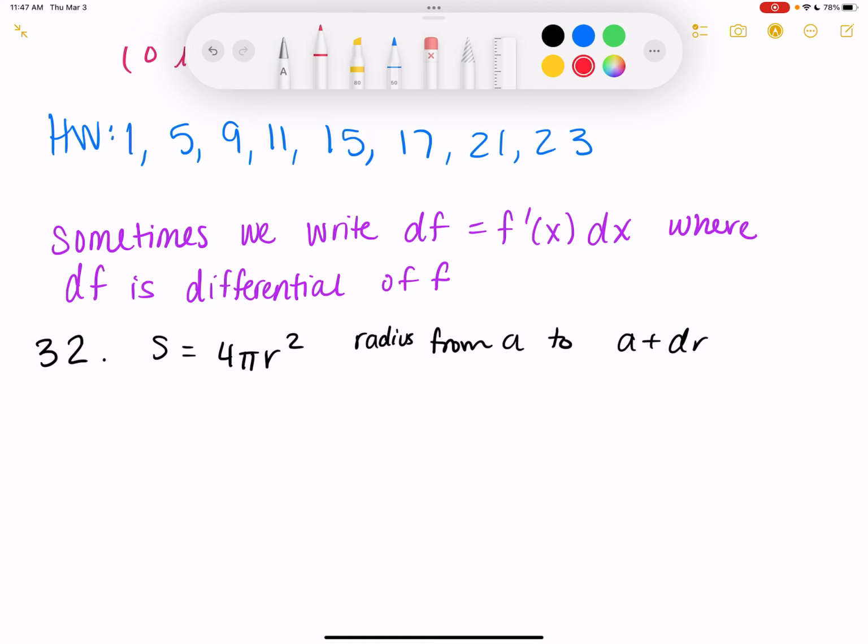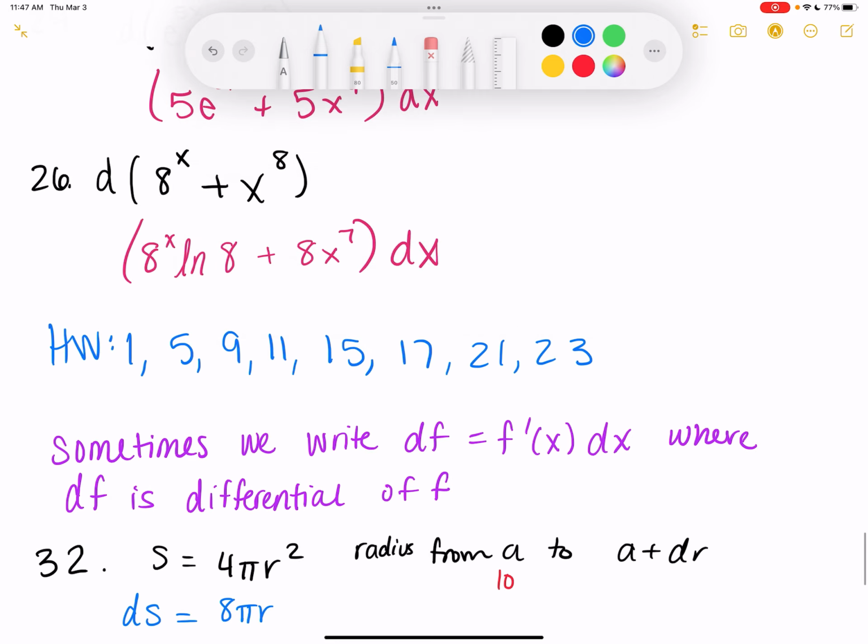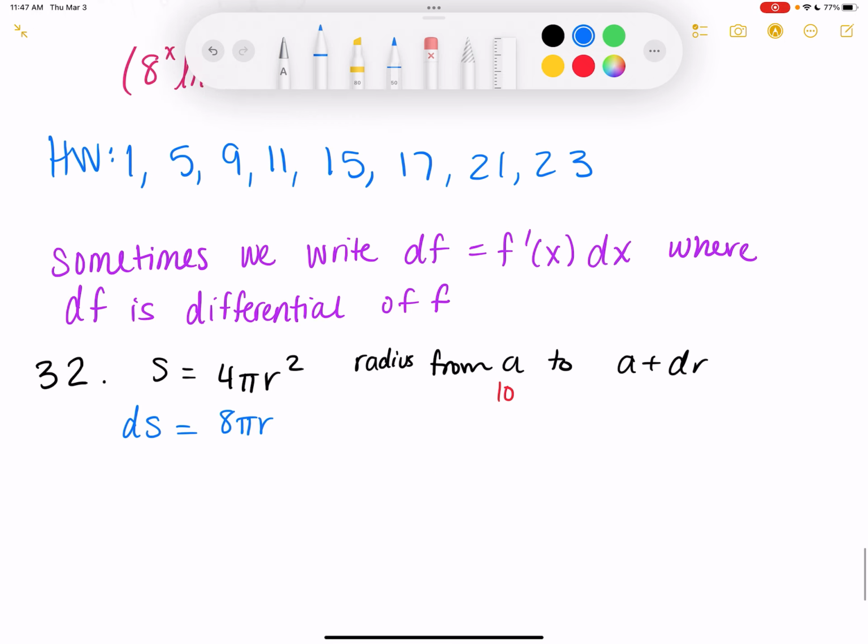Alright, and we were told in the instructions that A is 10. So first I want to take the derivative of surface area. So what would the derivative with respect to radius be? It's 8 pi r. Well, dr, but yes.